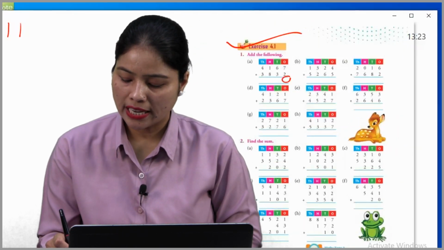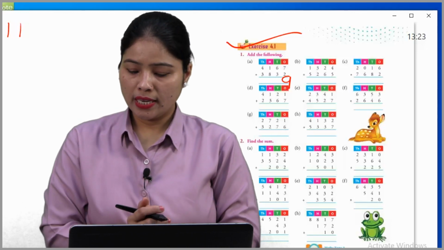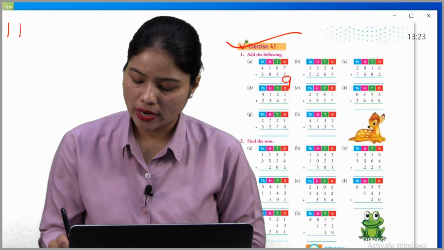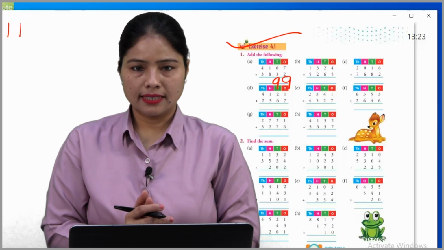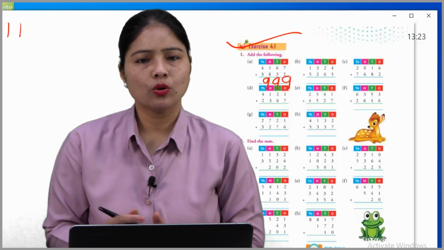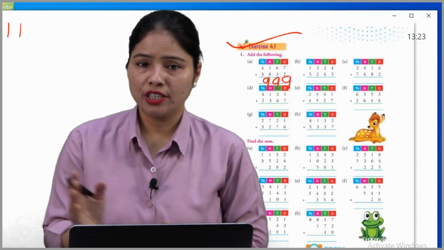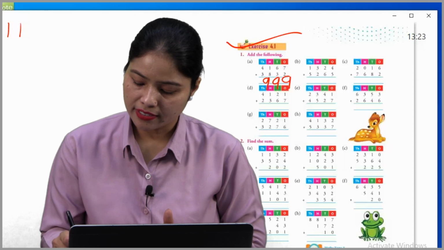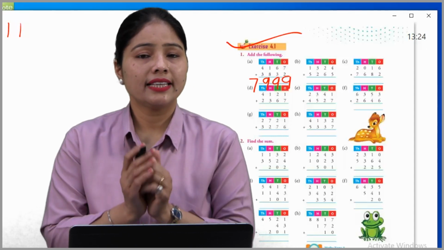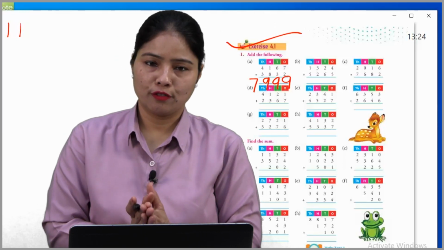So write the value 9 in the ones place. Okay. Then start with tens place. 6 and 3 is 9. So write 9 over there like this. 8 and 1 is 9. Write 9 in the 100 place. And 4 and 3 is 7. So 7999 is the answer of that particular one.